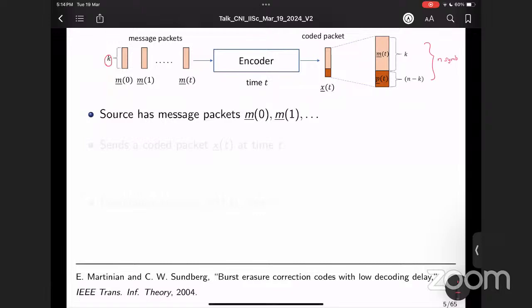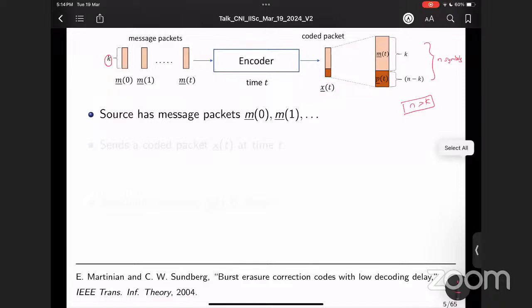So the message packet has k symbols and the coded packet has n symbols. Naturally, n is greater than k. And also we assume systematicity. So the coded packet, the initial k bits will be the message packet, and that will be augmented with a parity component, P of t. So each coded packet consists of the message packet along with n minus k parity bits. That's the structure of a coded packet.